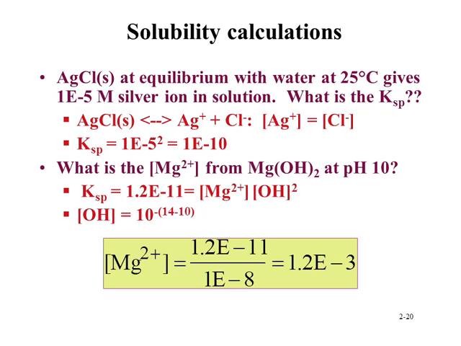If we had the KSP for a salt, for instance, magnesium hydroxide, we could calculate the solution phase concentration of the metal ion at any given pH. So here's an example. What's the concentration of magnesium at pH 10? We use the KSP, which is 1.2 times 10 to the minus 11, is equal to magnesium times the hydroxide squared.